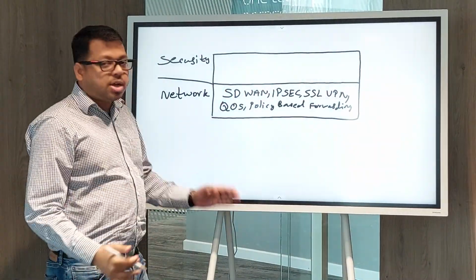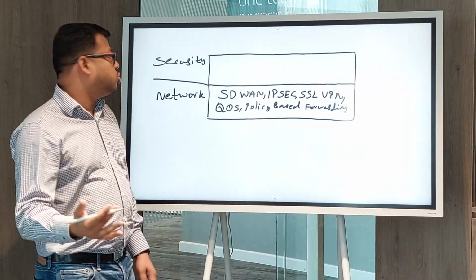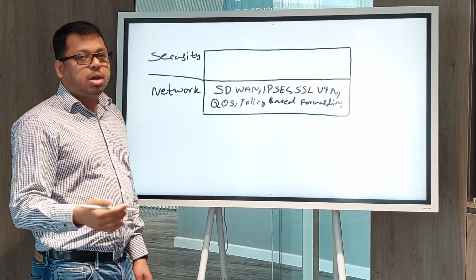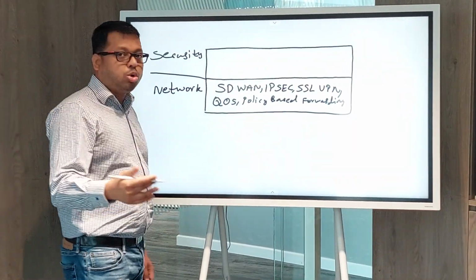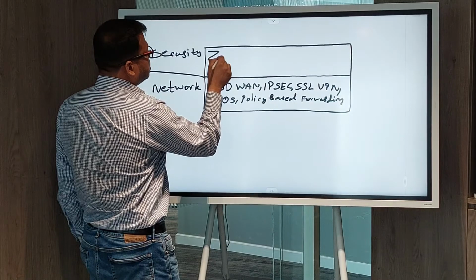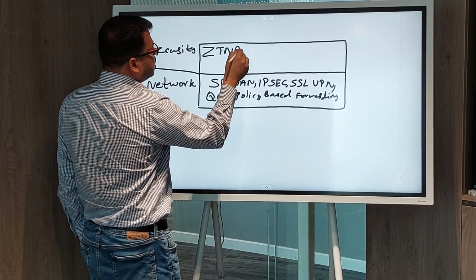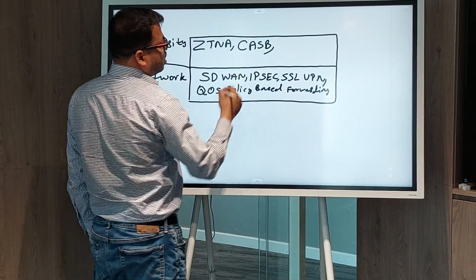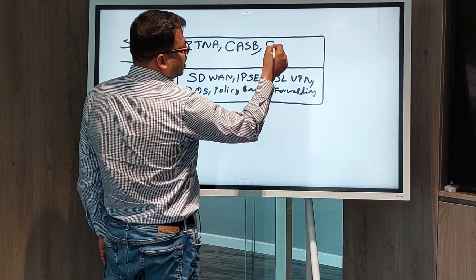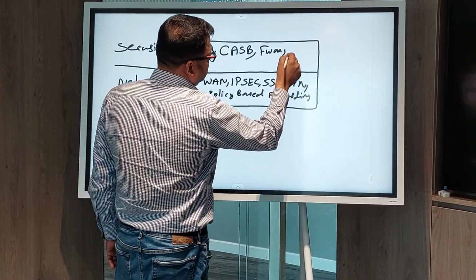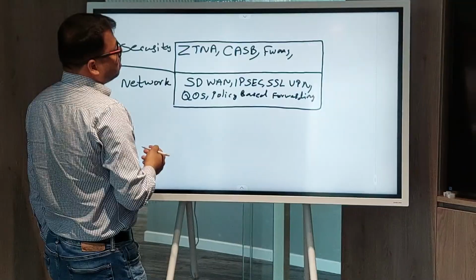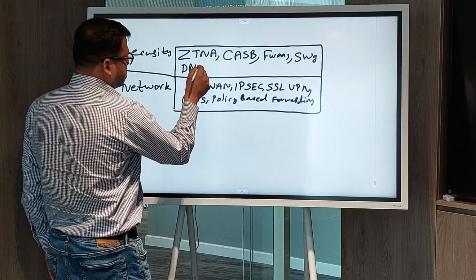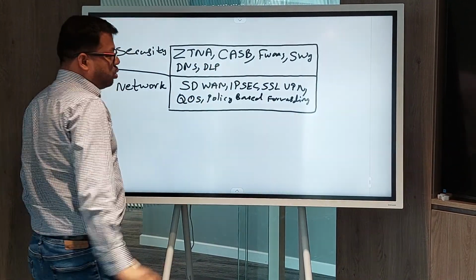So the Prisma Access provides all the next generation security features of Palo Alto, like encryption, decryption, app ID, user ID, all the normal services, and on top of that it provides us the ZTNA, Zero Trust Network Architecture, the CASB services, firewall as a service, then secure web gateway, DNS, DLP, all the security services.